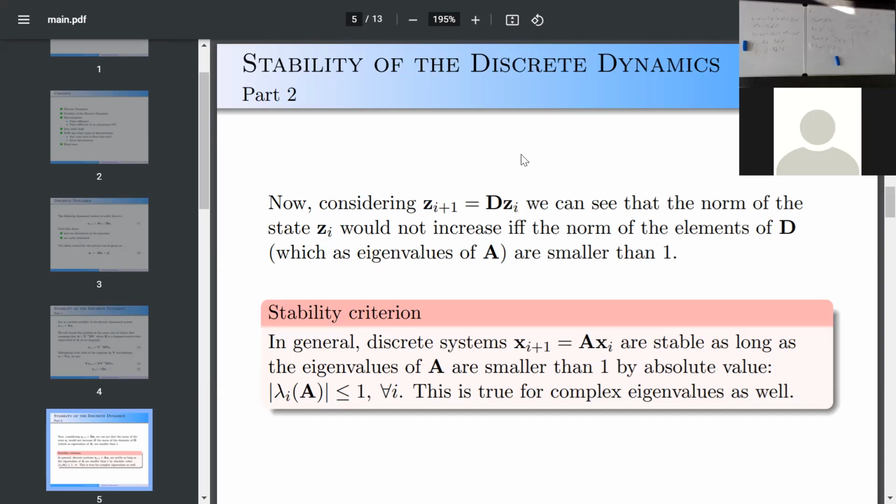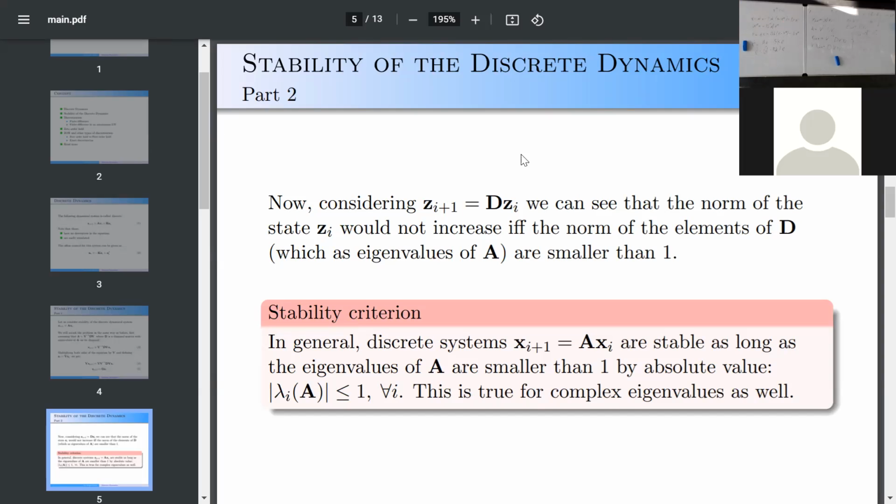The criteria, which you can see only half of, unfortunately, says that for the system x sub i plus 1 equals A x, each eigenvalue should be, by absolute value, less than or equal to 1 for the system to be stable, and strictly less than 1 for it to be asymptotically stable. Does it make sense?